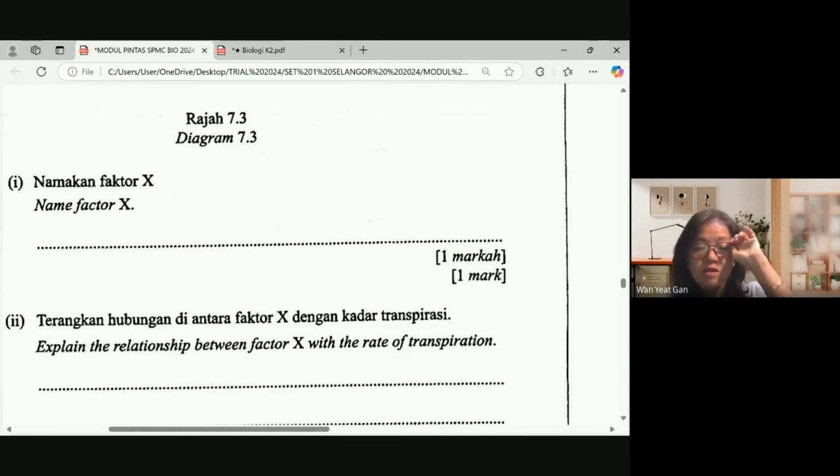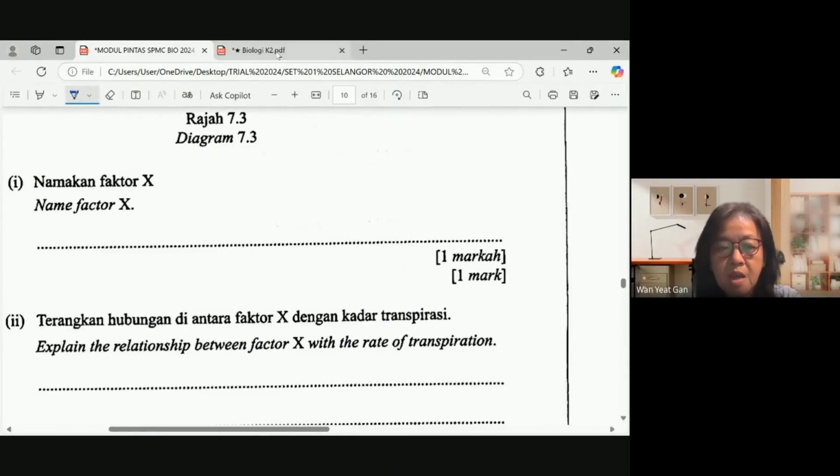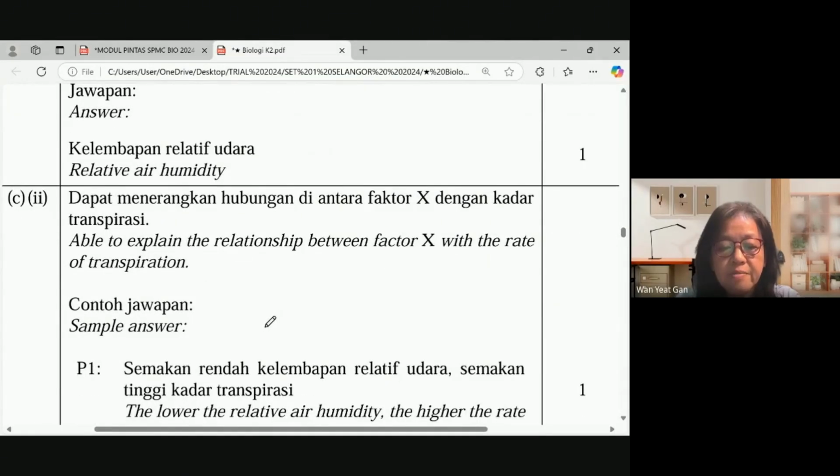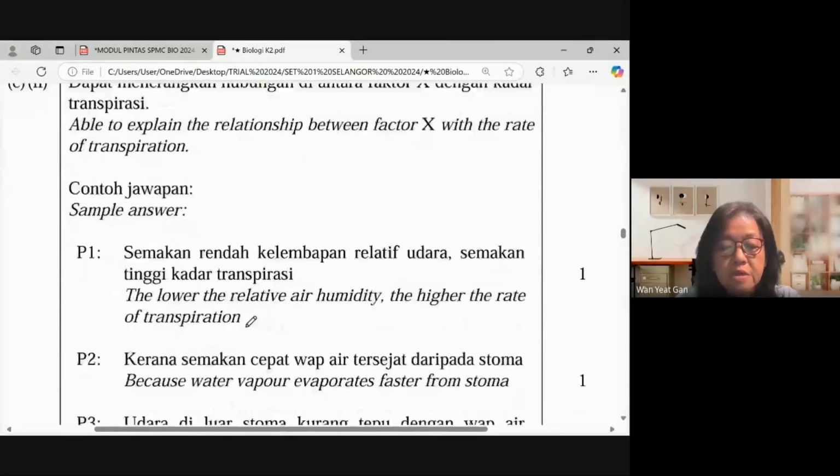Explain the relationship between factor X and the rate of transpiration. Now, with more water vapor in the environment, less water will evaporate out from the stoma. With lower relative air humidity in the surroundings, the rate of transpiration becomes higher because the concentration gradient between the inside and the outside of the leaf is greater.